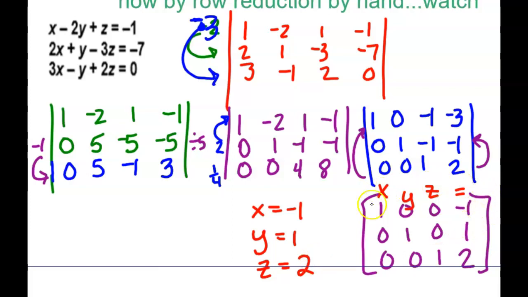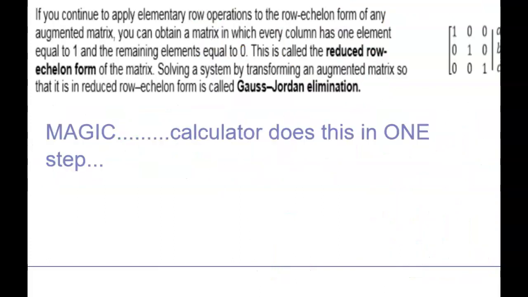Okay. This form right here, where all of this piece over here is 1s and 0s, and the 1s are on this diagonal, okay? That's called, when we get it in this form, reduced row echelon form. You have this slide, I think. Is that right?